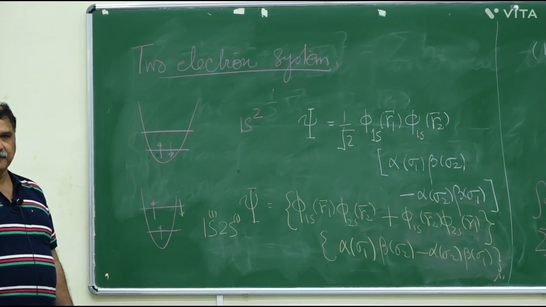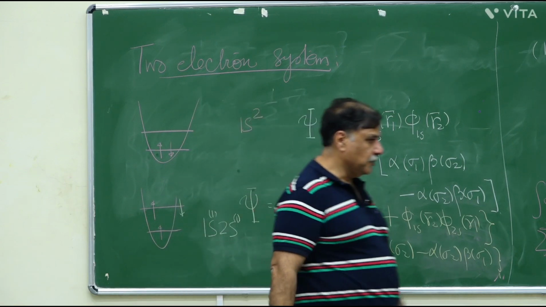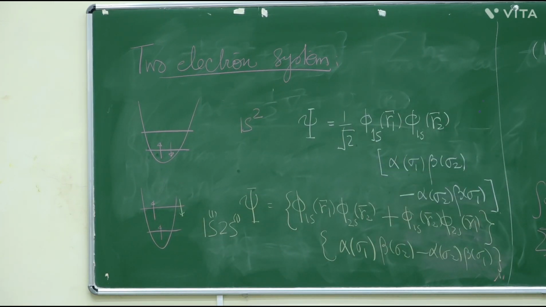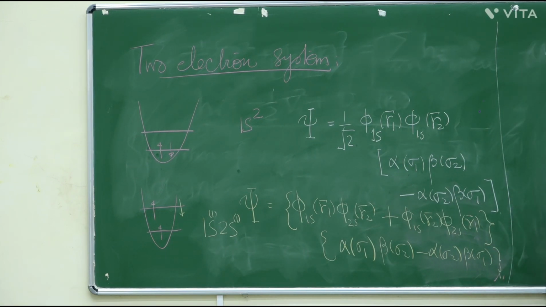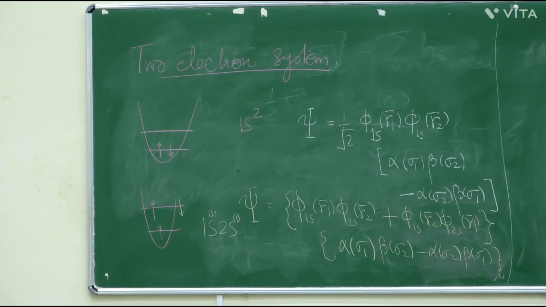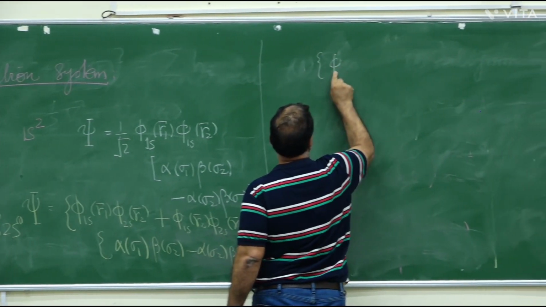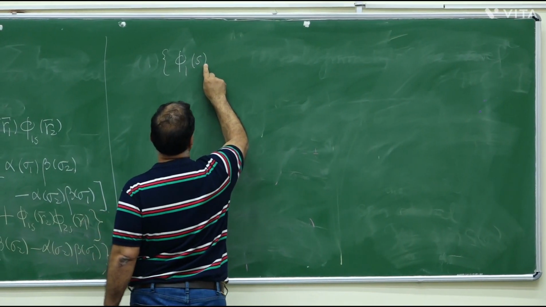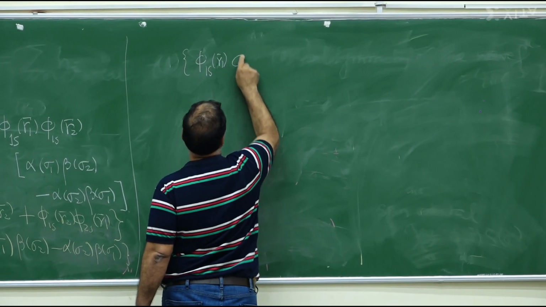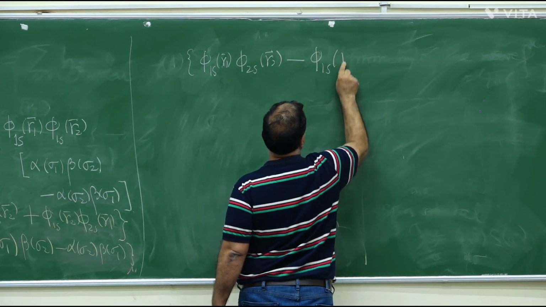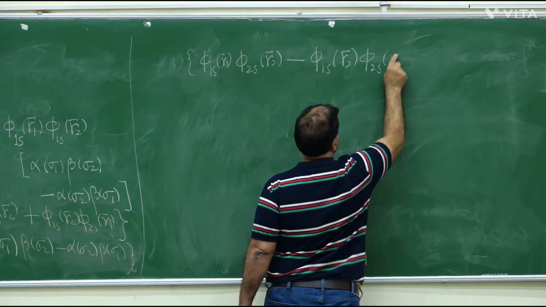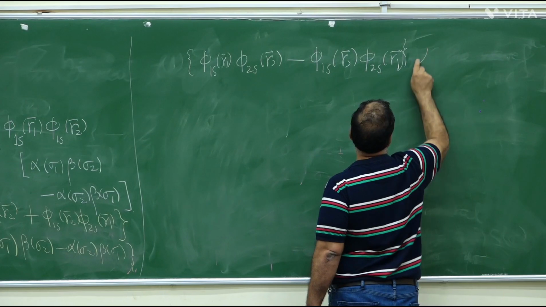Either that, right, that's an antisymmetric wave function. Or I could have phi 1s R1, phi 2s R2 minus phi 1s R2, phi 2s R1, right?